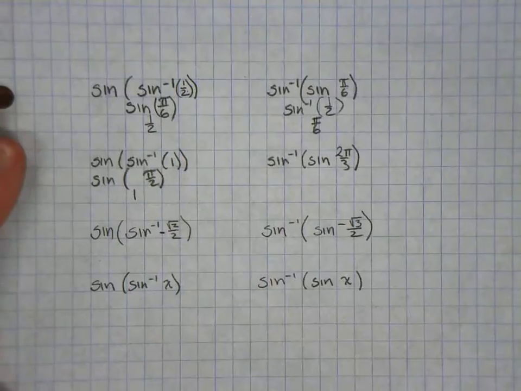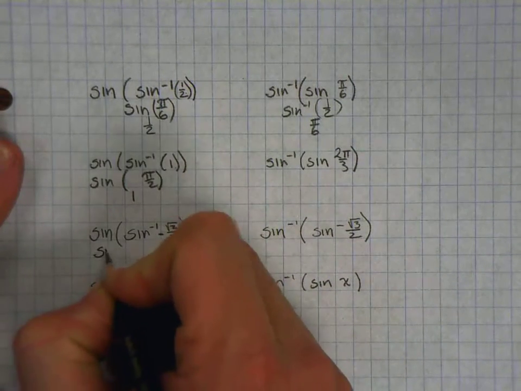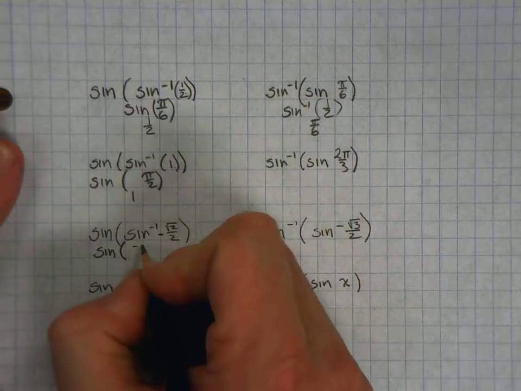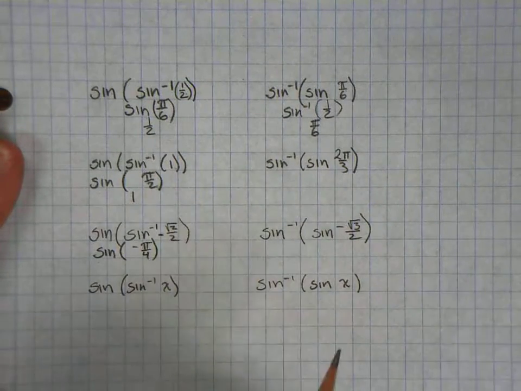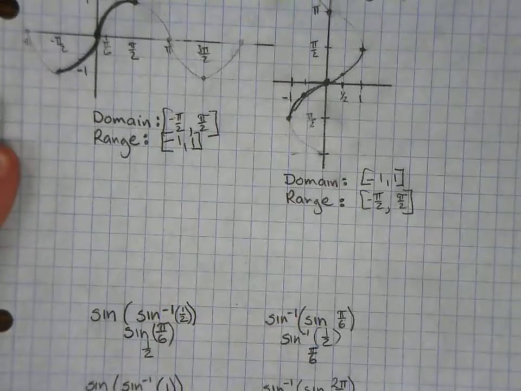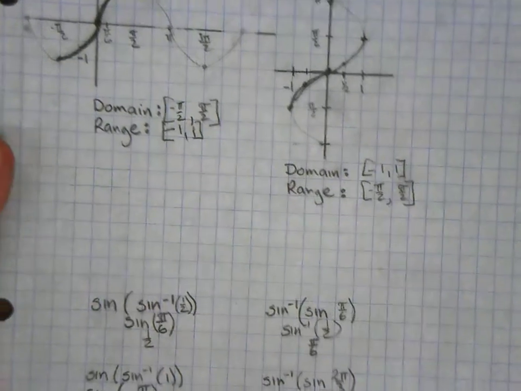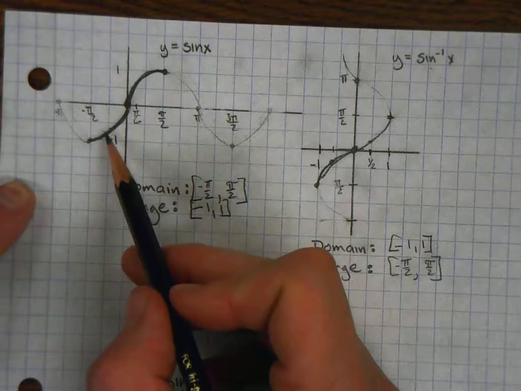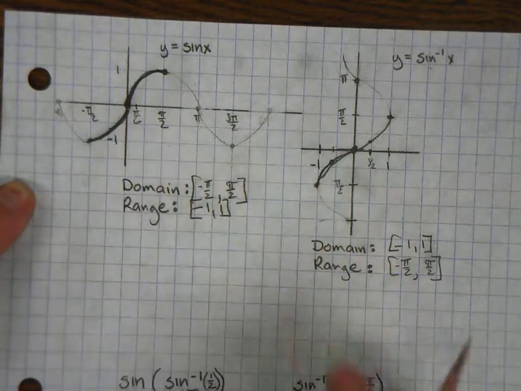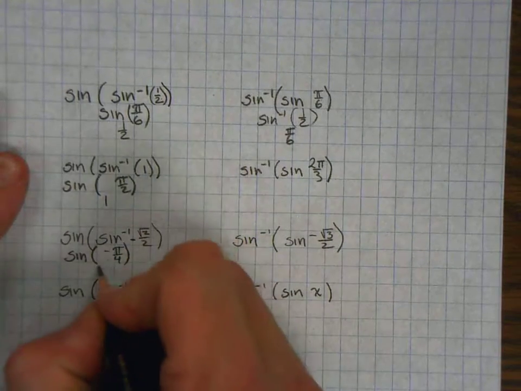So sine of negative pi fourths is also going to be that negative square root of 2 over 2 thing.